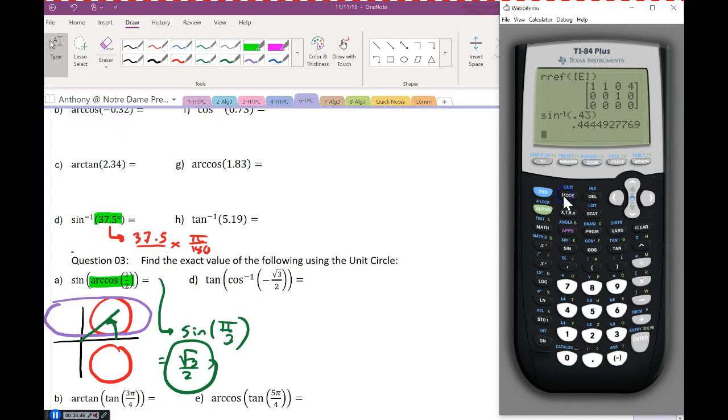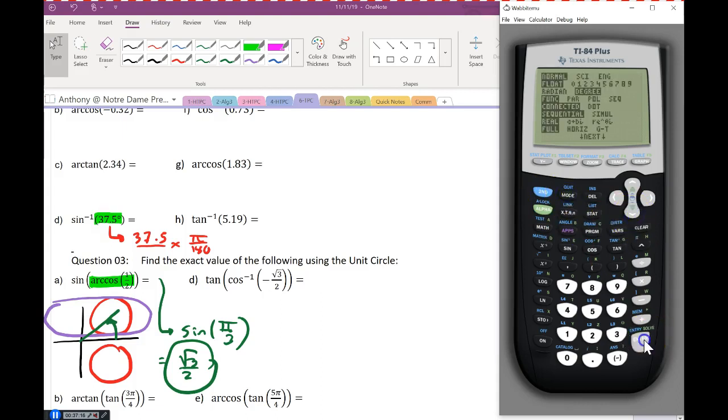So, I'm going to change this to degree mode by pressing enter. Then I'll move out. Sine inverse 37.5. Enter. Oh, sure. Yeah, it's supposed to be an error. I'm sorry. I made a mistake.